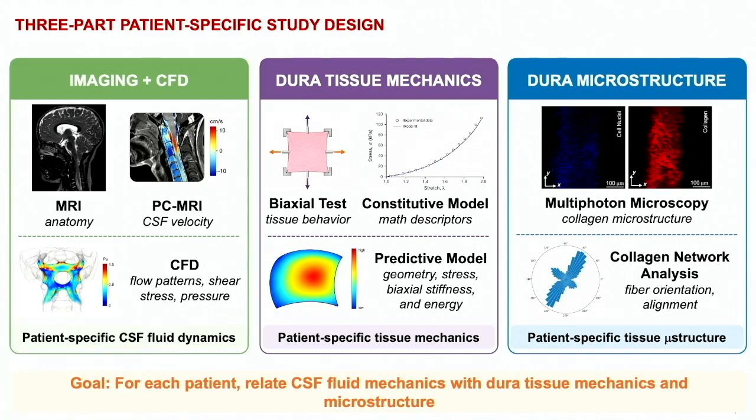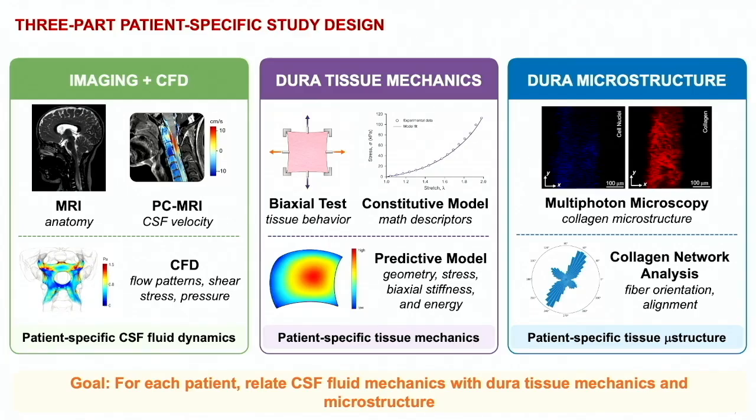And the last part is multiphoton microscopy, which is another technique that we recently established in collaboration with another colleague, Dr. Bellini, who was not able to be here today, unfortunately. A second specimen adjacent to the first will be imaged using multiphoton microscopy to directly visualize collagen microstructure, revealing how collagen fibers are organized, including orientation, alignment, and architecture.